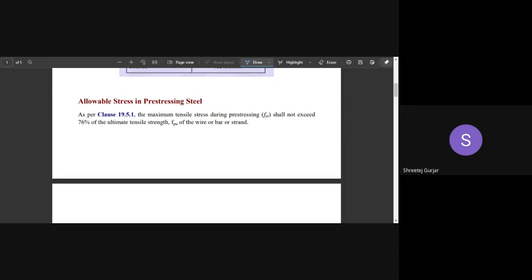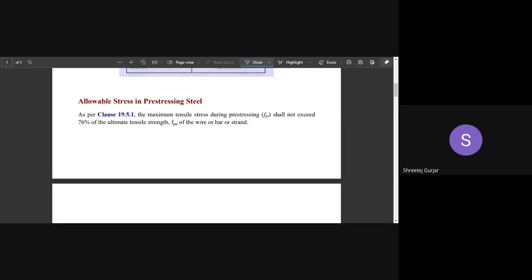the maximum tensile stress during pre-stressing, denoted by FPI, shall not exceed 76% of the ultimate tensile strength. So the stress which we apply during pre-stressing should not exceed 76% of our ultimate tensile strength, that is FPU.